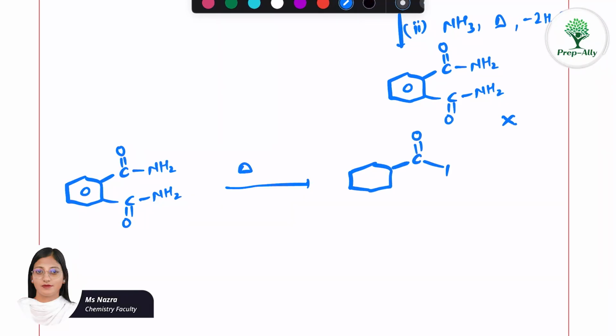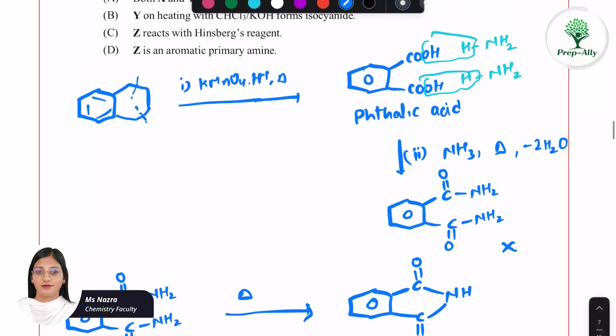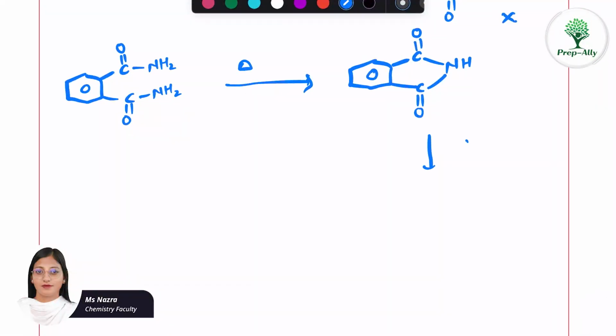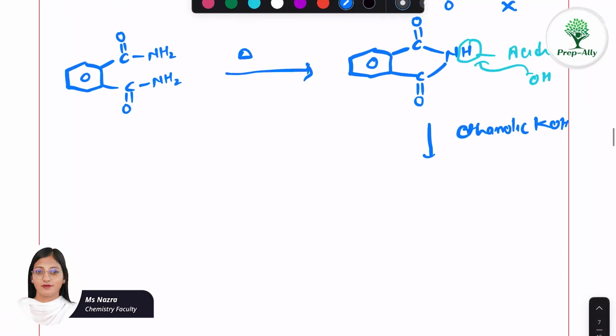Isn't it looking like we are moving toward the Gabriel phthalimide synthesis of amines? So it's a phthalimide. Next step is treating it with ethanolic KOH. It will remove the acidic hydrogen. This hydrogen, being acidic, will be removed by the OH minus ion. It will form N minus K plus over there.